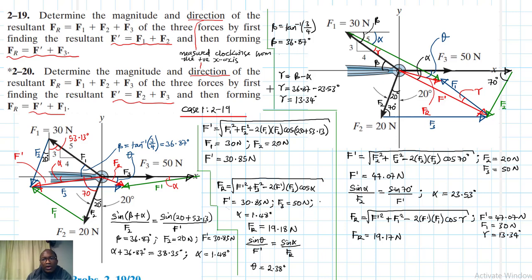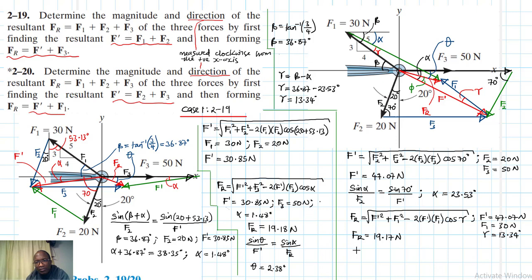So for us to find alpha, we need to find this one here that we are going to call phi.